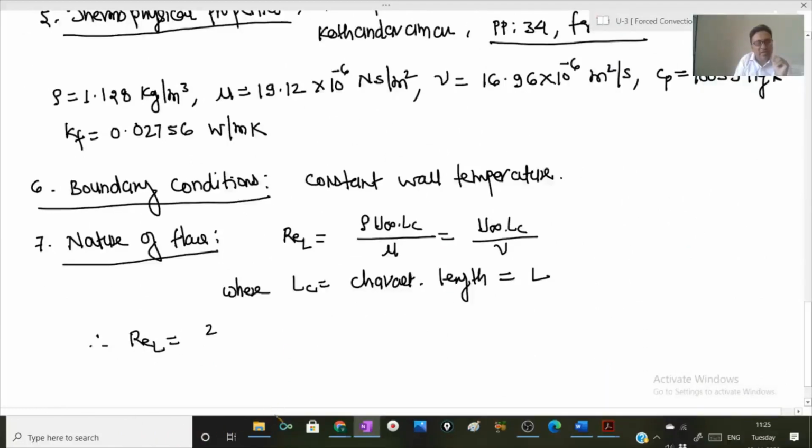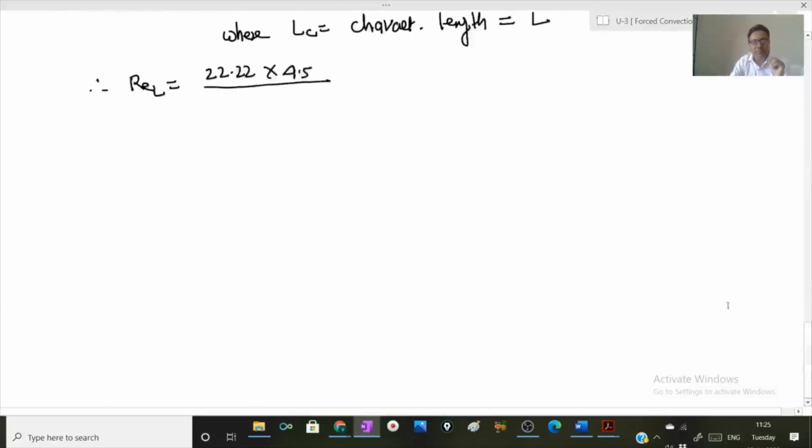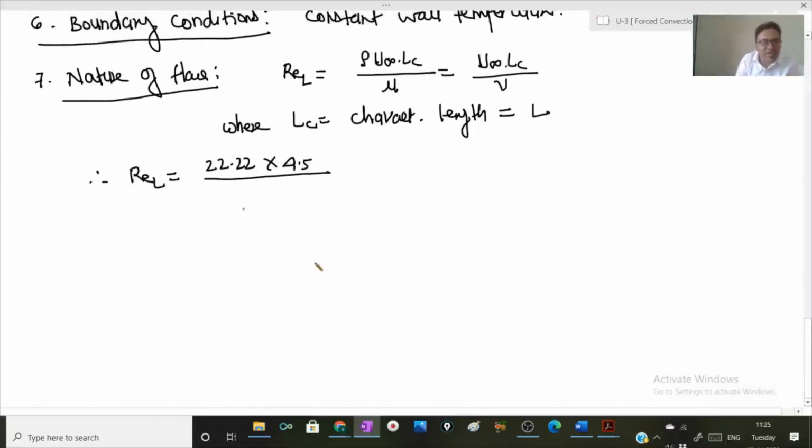U infinity is 22.22, LC is 4.5, and the value of nu is 16.96 into 10 to power minus 6. So the value of Reynolds number for desert air flowing over the truck surface is 5.89 into 10 to power 6.